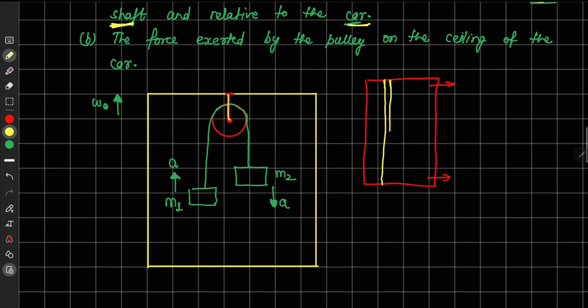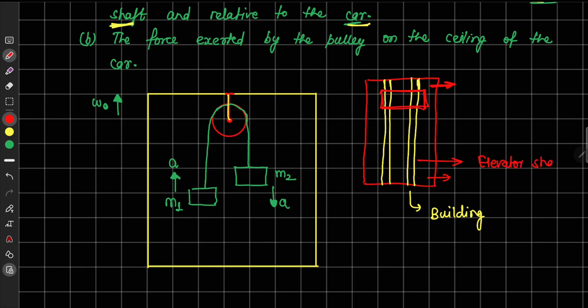Let us say these are the rails that I have drawn, which are attached to the building, and on these rails we are having the elevator car which is moving from one floor to another floor. So basically these two rails are called the elevator shaft, and it is attached to the building.